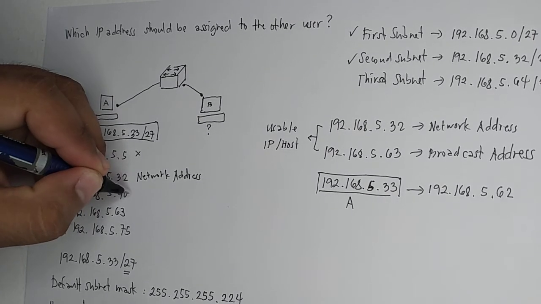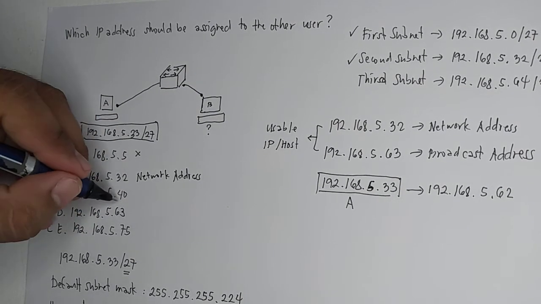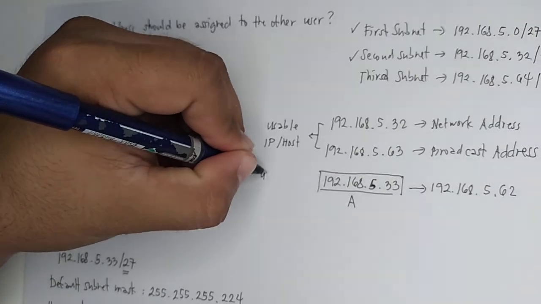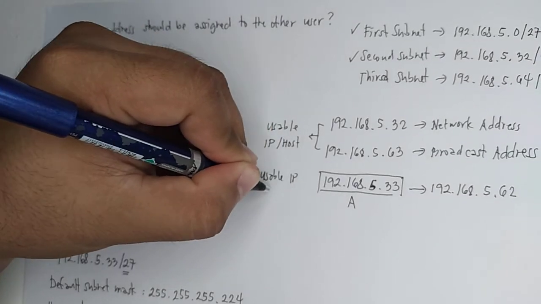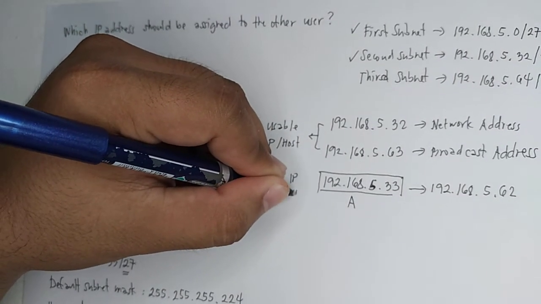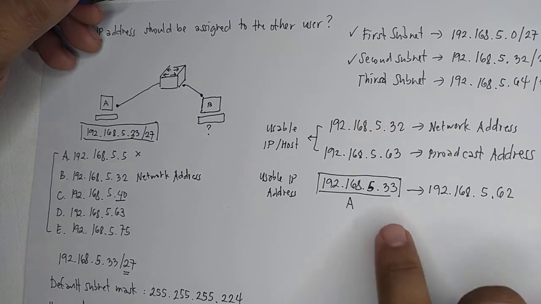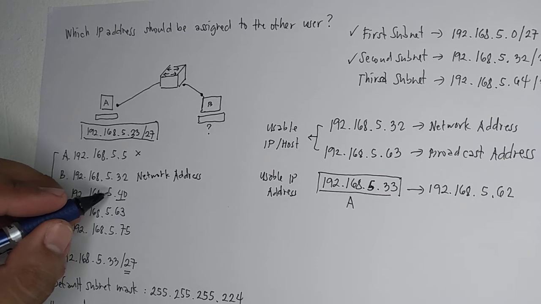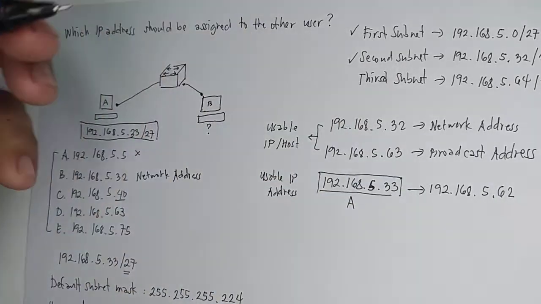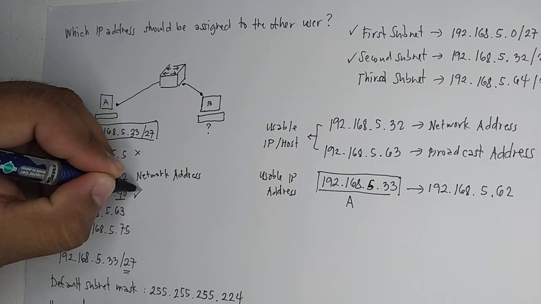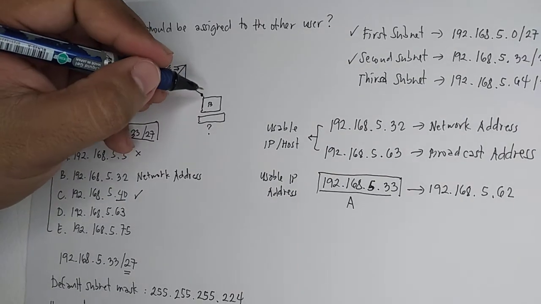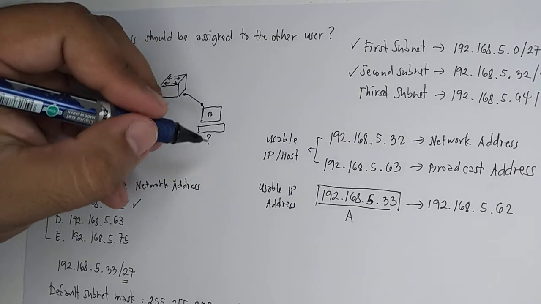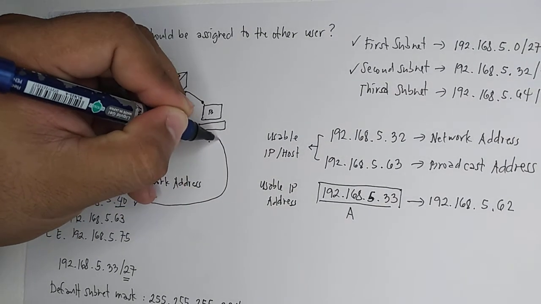What about dot 40? Is dot 40 part of our usable IP addresses? The usable IP addresses are from dot 33 until dot 62. So dot 40 is actually in between our given. Therefore, the answer is this one. PC B should make use of this address.